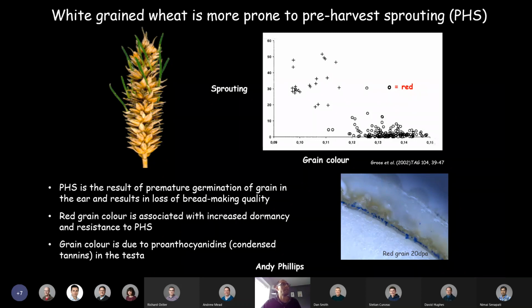So that's a positive trait because the white grain has a more favorable taste for many consumers, especially children. But there is a negative trait that happens as well when you knock out TT2, which is that you observe pre-harvest sprouting. So this is when the grain starts germinating too early. This is a negative trait and not great.